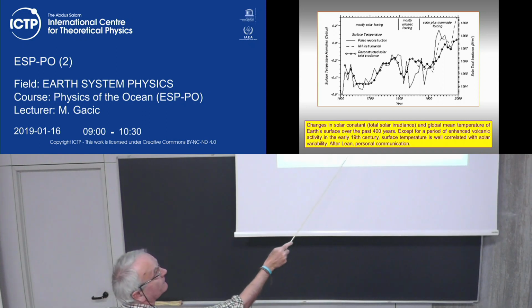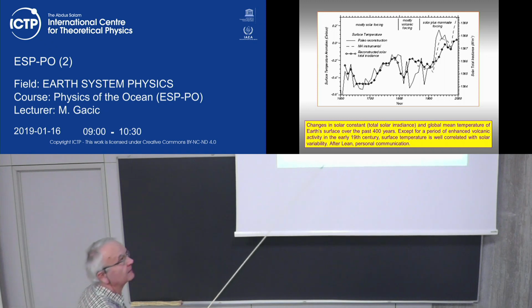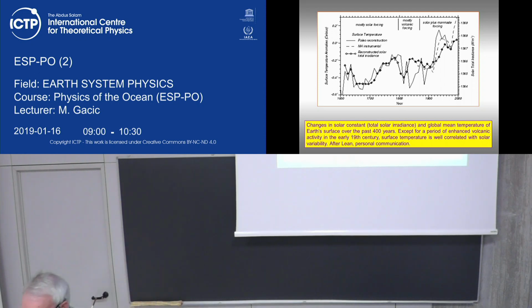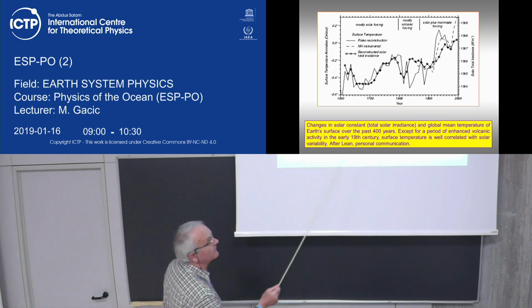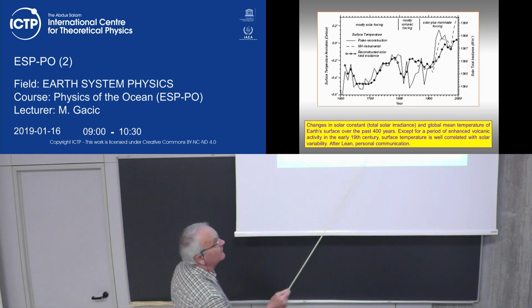Here it is mostly volcanic forcing, because there was a strong volcanic activity in the early 19th century, and this caused a reduction of the Earth's surface temperature, because there was a huge amount of particles in the atmosphere which block the radiation, and therefore the relationship between solar activity and the temperature was different. And this is lower.